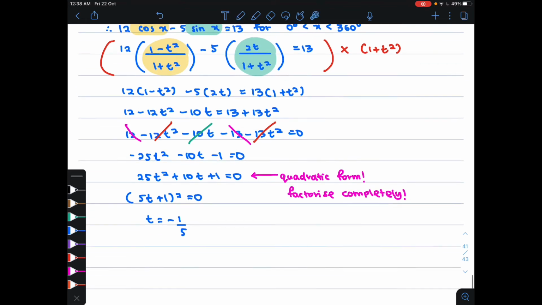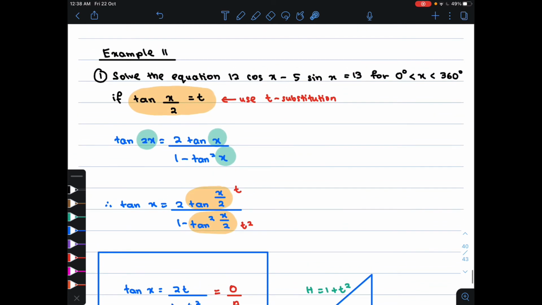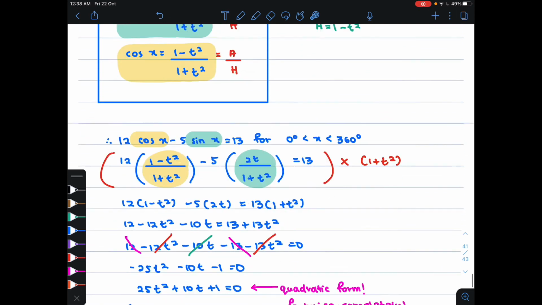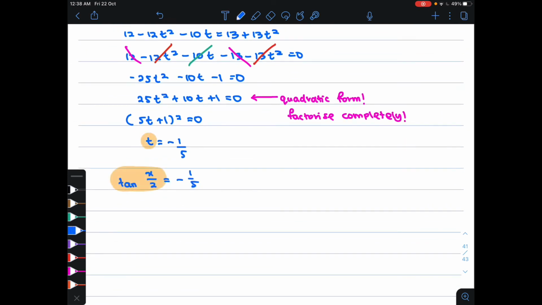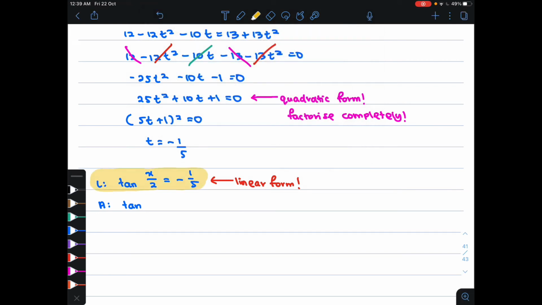And don't forget the meaning of t. T is actually tan x over 2. And you can see that this is actually a linear form and hence we can apply LARCA. Change x over 2 to become alpha as per usual.